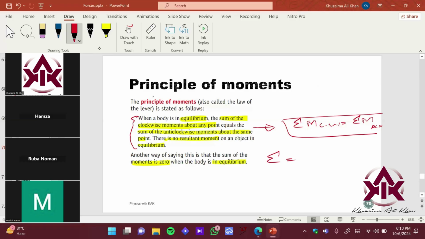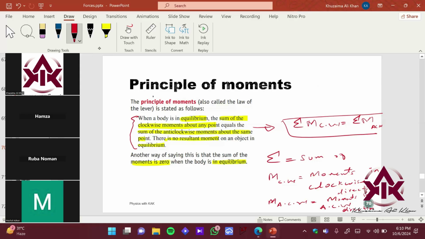This symbol means sum of, and M subscript CW means moments in the clockwise direction, and moment anti-clockwise means moment in the anti-clockwise direction.